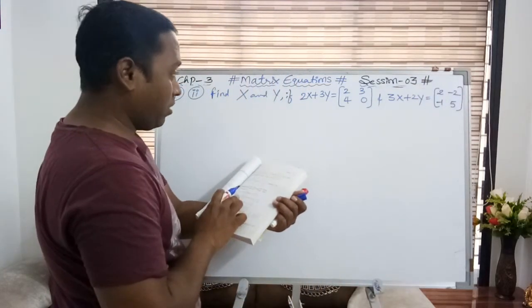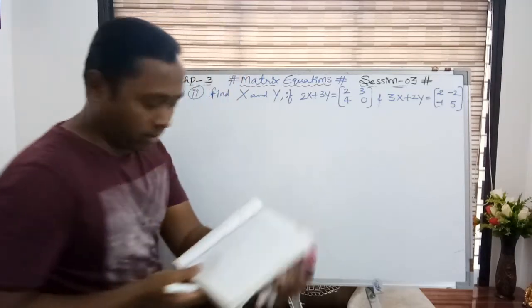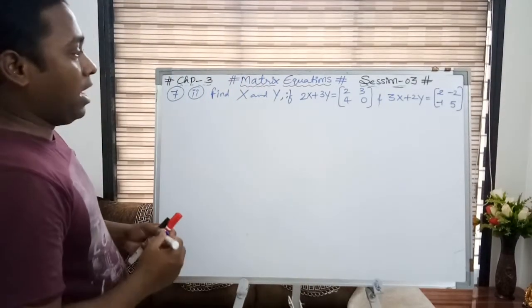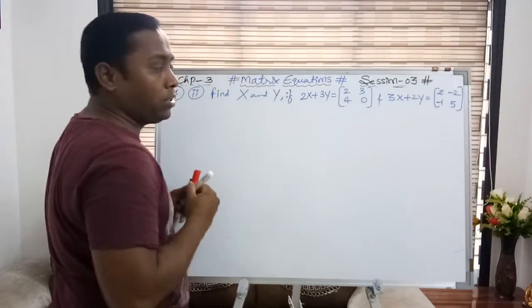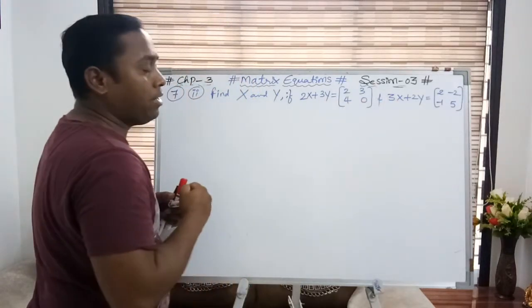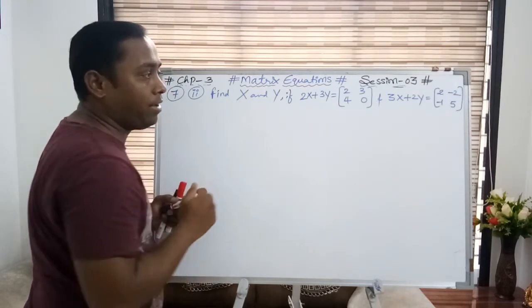Just let me check the correct readings. 2, 3, 4, 0, 3X plus 2Y, 2 minus 2 minus 2. That's it. Now see, we have two matrix equations. By using these matrix equations, we have to find the matrix X and matrix Y.